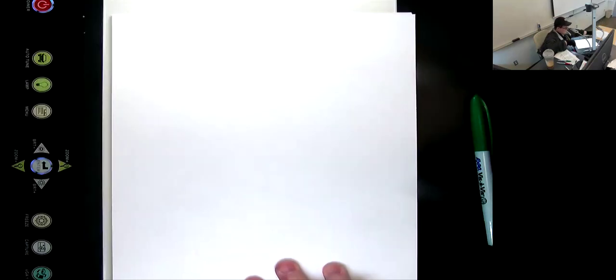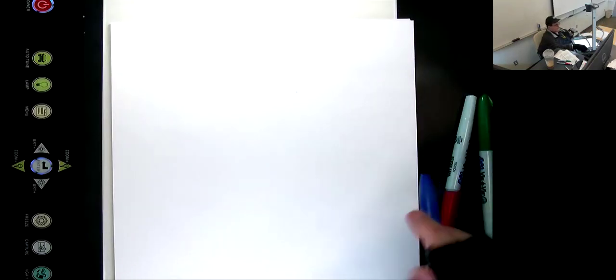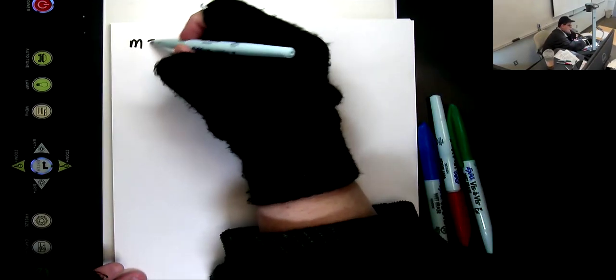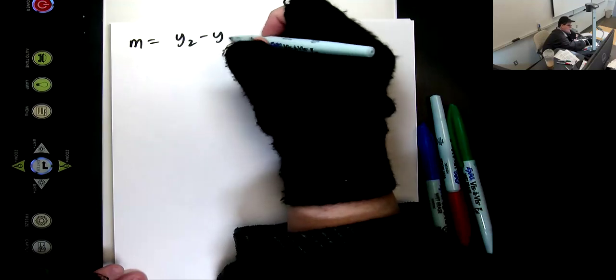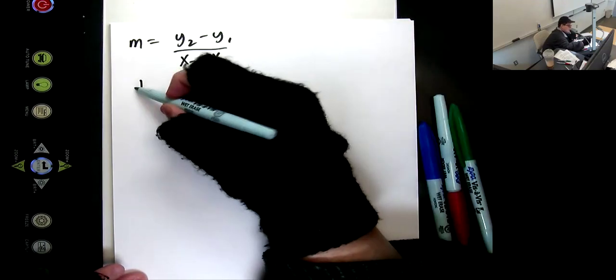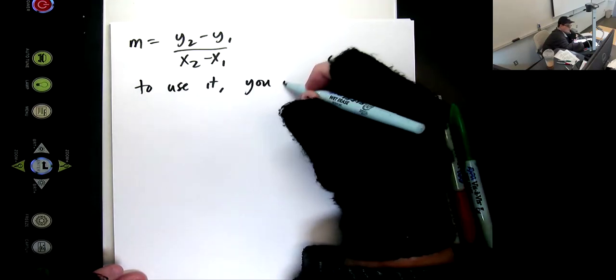Alright, people look like they're done writing. We're gonna do this more in class, but let's touch on it now. I've told you that the equation for the slope is y2 minus y1 over x2 minus x1. To use it, you need 2 points.